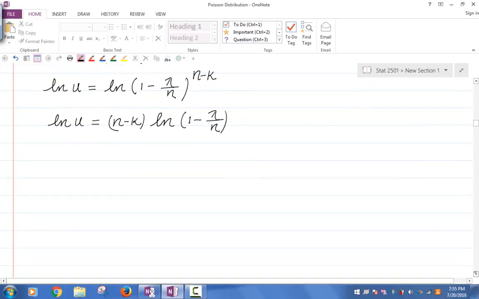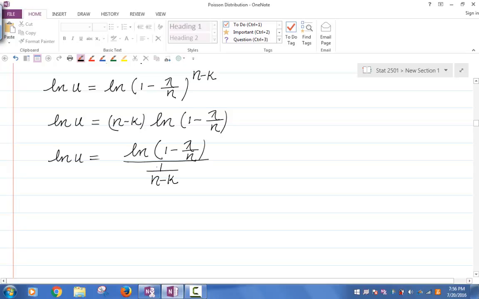Further, we will write this as ln of 1 minus lambda over n divided by 1 over n minus k.